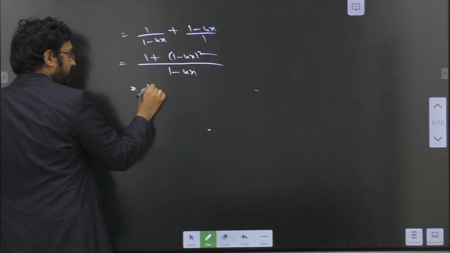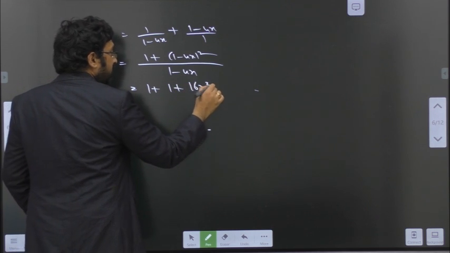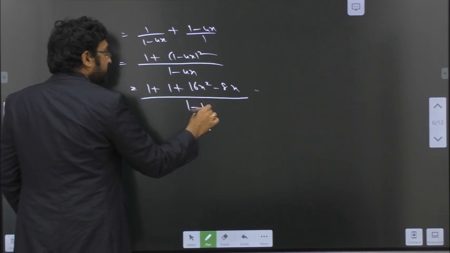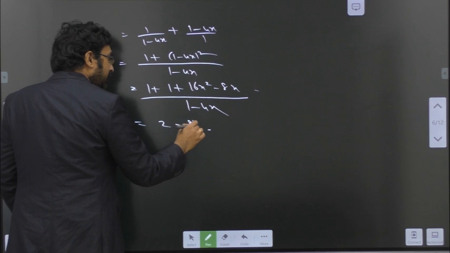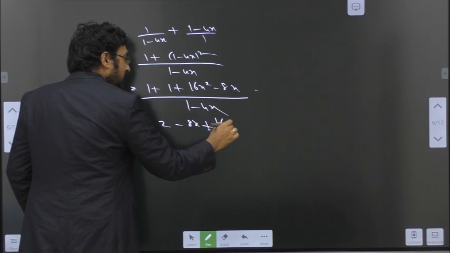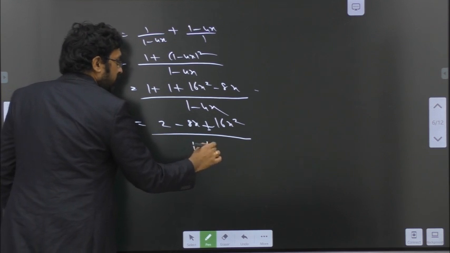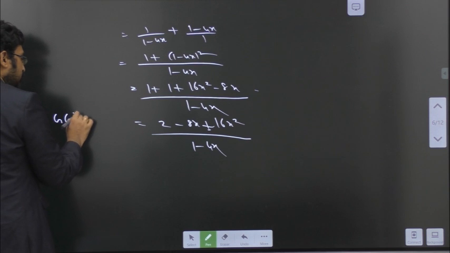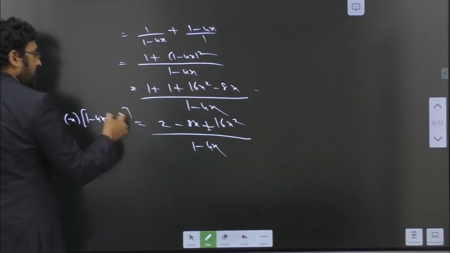So we will get 1 plus 16x square minus 8x by 1 minus 4x. So we will get 2 minus 8x plus 16x square by 1 minus 4x. All this is equivalent to g of x into 1 minus 4x plus 4x square.